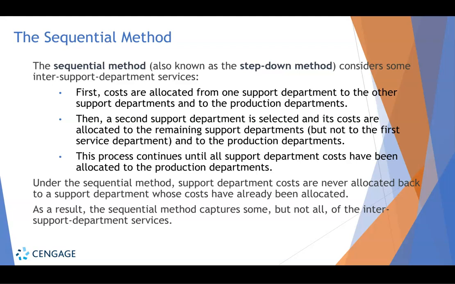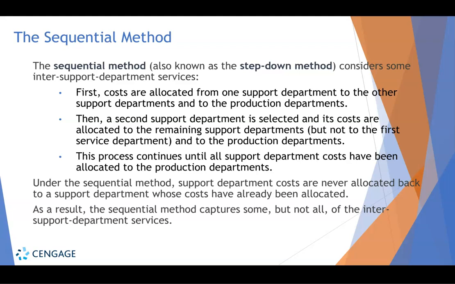We continue this process until all the support departments have been allocated to the production departments. Using this method, support department costs never get allocated back to a support department whose costs have already been allocated.